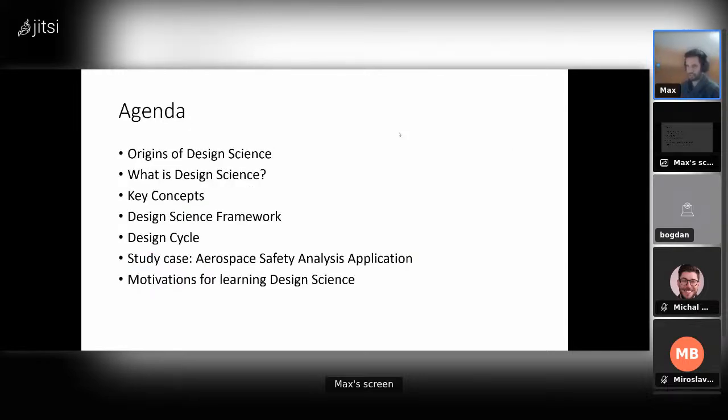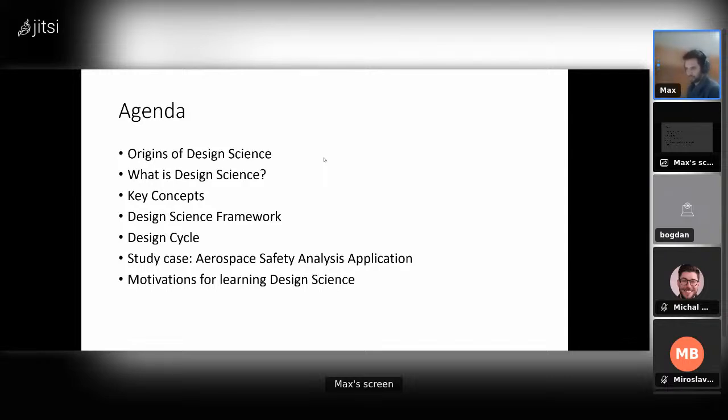Okay, so what are we going to see today? First, I will talk about the origins of design science. So where does it come from and why? I will tell you what it is, what the main concepts attached to it are, the framework of design science depending on the context, then the design cycle, which is basically the actual methodology on how to apply design science for your potential research project.